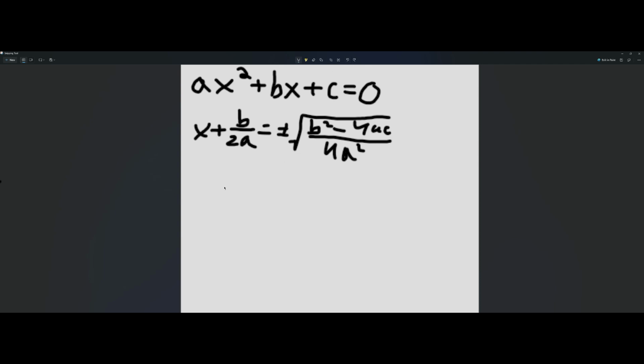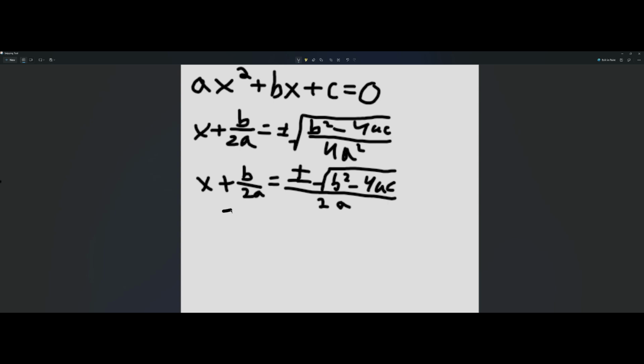So now we can rewrite this as x plus b over 2a is equal to plus or minus the square root of b squared minus 4ac over 2a. And now we can solve for x by subtracting our b over 2a on both sides. And since both of these have a common denominator, we don't really have to do anything to this.